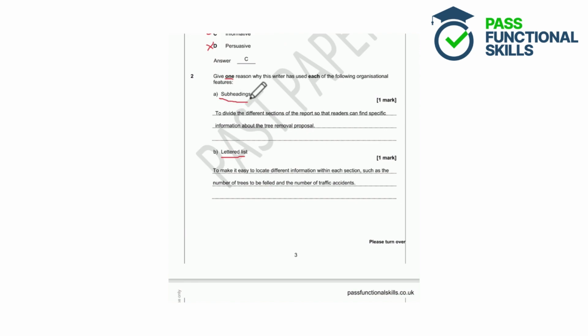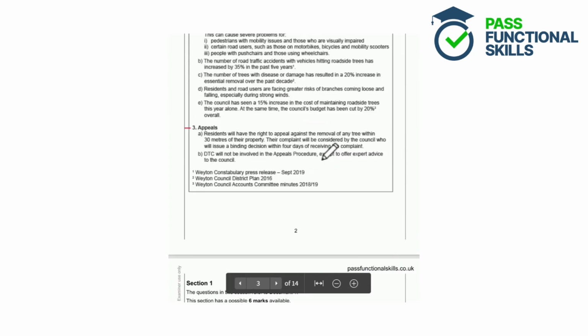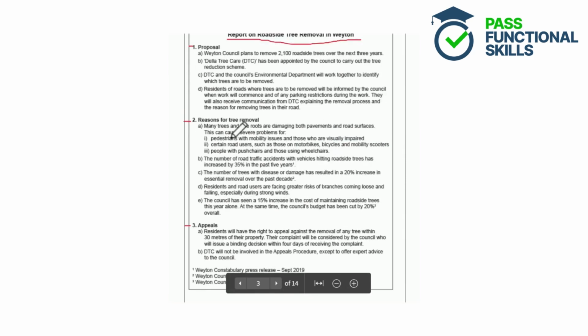So then B, we've got lettered list. So if we scroll up again to the report, we've got a lettered list here, so it's just a different way of using bullet points really. It's the same as numbered bullet points, so you might use a lettered list when you want to show something in a specific order perhaps.